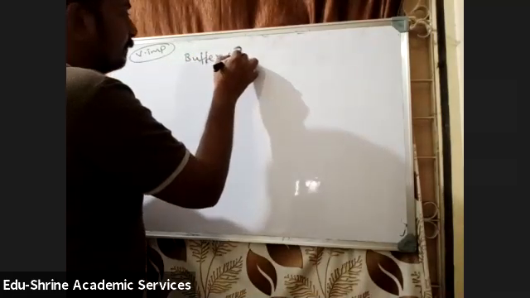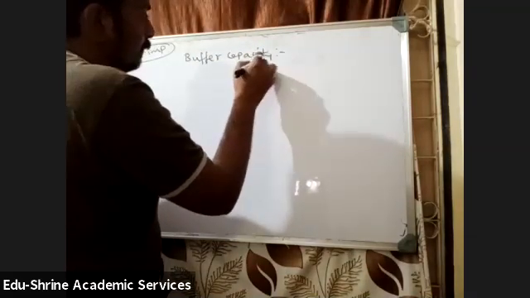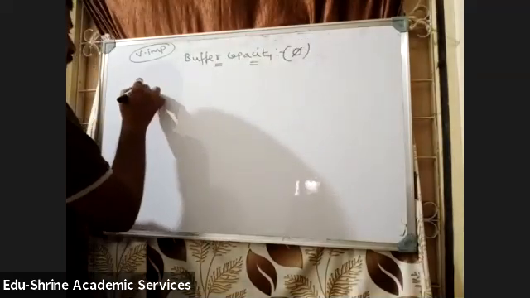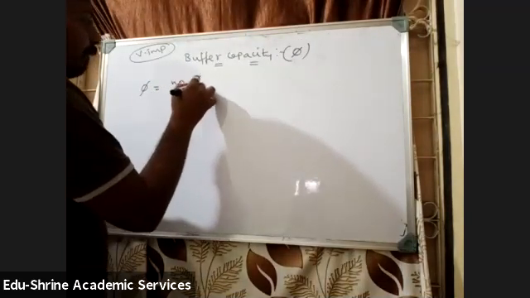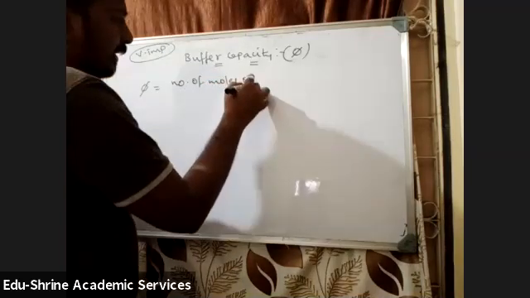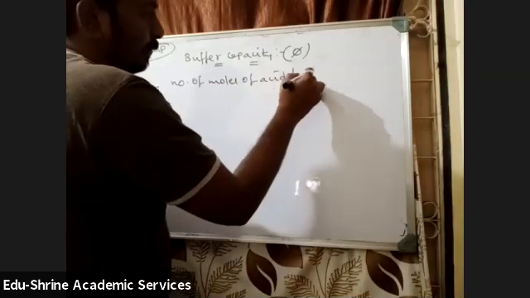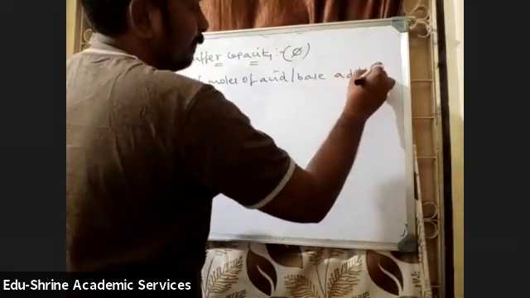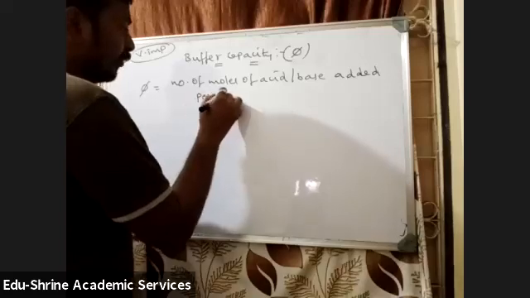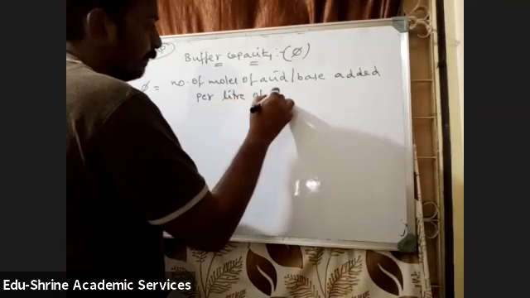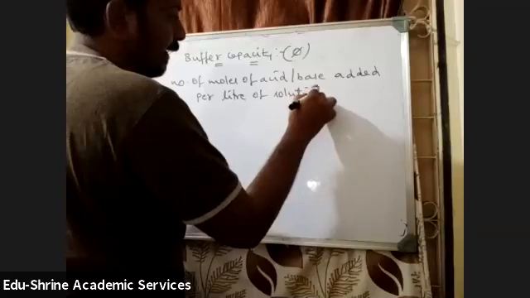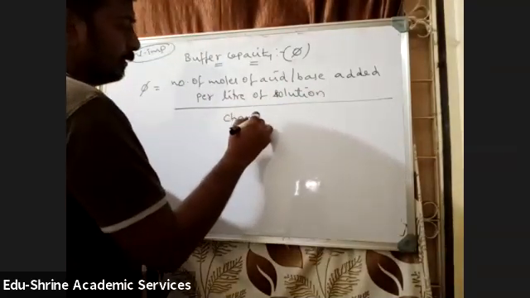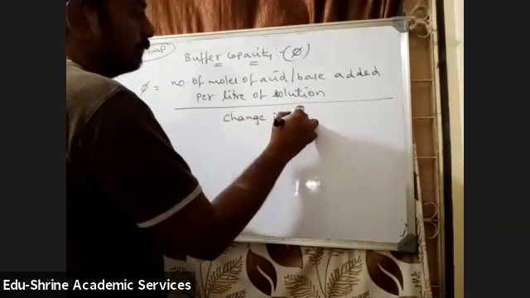Buffer capacity is represented as theta or phi sometimes. Phi is equal to the number of moles of acid or base added per liter of solution, divided by the change in pH.